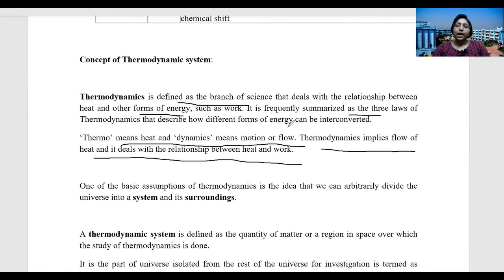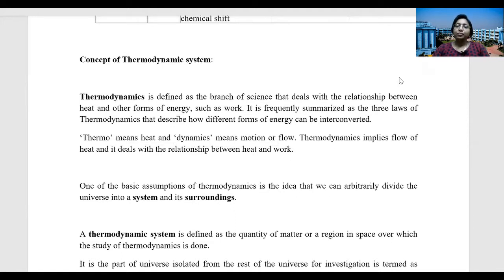One by one, I will describe all these, and you will understand gradually how work, energy and heat are interrelated. Today it is the first lecture. I will give the basic concepts and terms which will be required to understand the laws of thermodynamics, like the first law, second law, and so on.